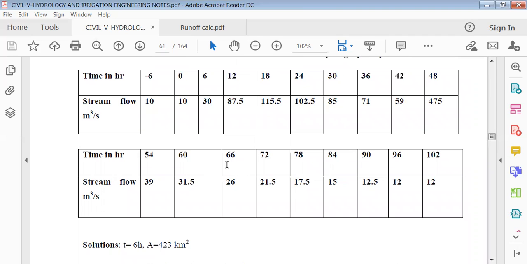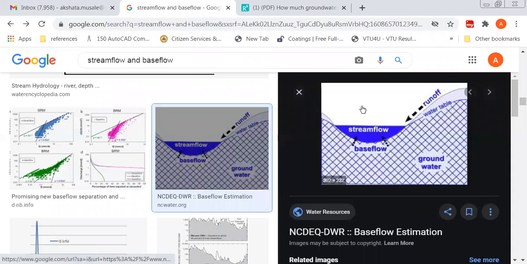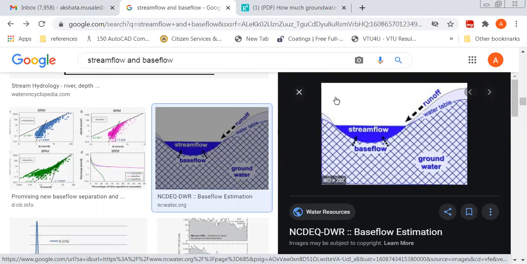Let us see what is runoff. You can see here the difference between stream flow and base flow. In this diagram, stream flow is the flow which the runoff forms in the stream, that is, it flows into the rivers, lakes, or ponds, the open stream flow.